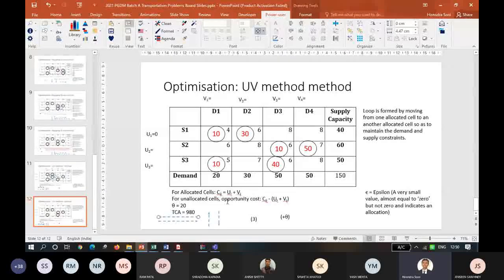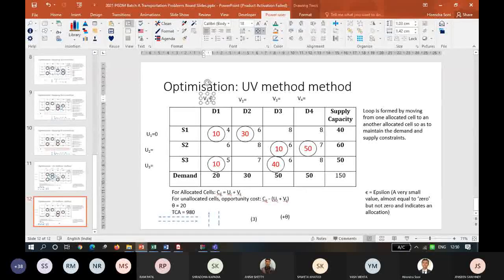Now again we will start with Cij equals to Ui plus Vj for the allocated cells. So this is your allocated cell. If I say U1 equals to 0, then V1 equals to 4 minus 0, 4. What about this? V2 will be equal to 6 minus 0, so 6. Now, after that, since I already know V1, I can calculate U3. So let us do that. So 5 minus 4 would be 1. So U3 equals to 1.